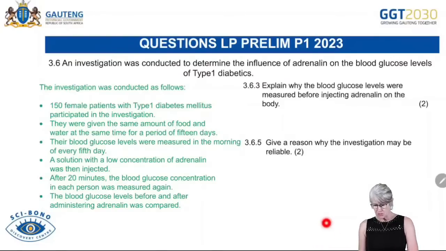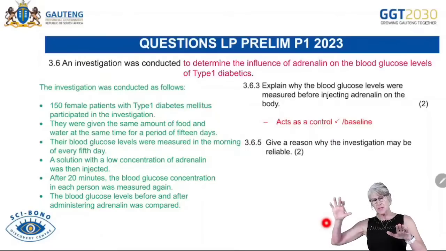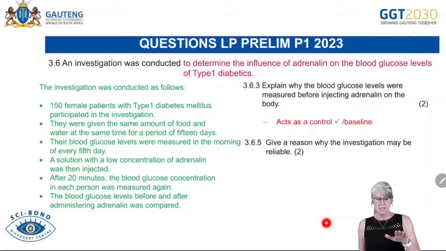So they need to measure before, so that they can see what it was, and then see whether there was a change. And so this measurement then becomes the control or the baseline, the comparison, so we can see, did it have an effect, did it increase it or did it decrease it, but there was actually a change that happened.